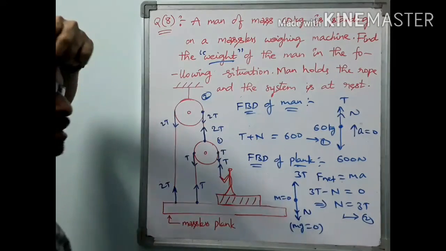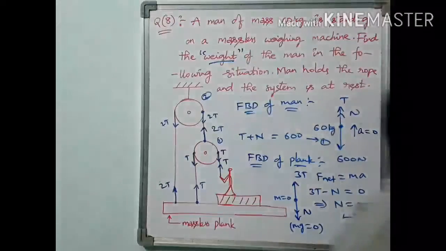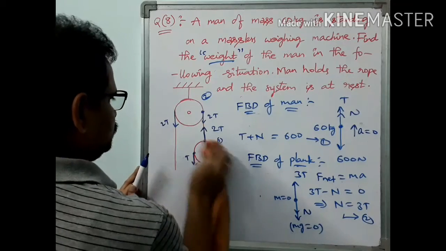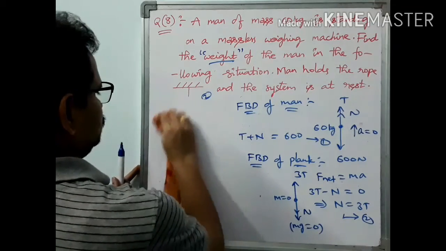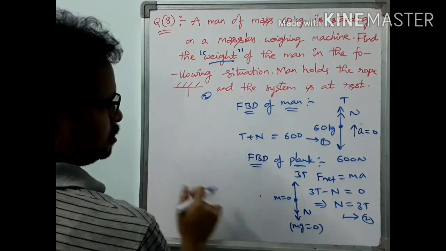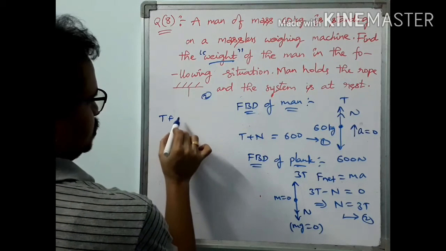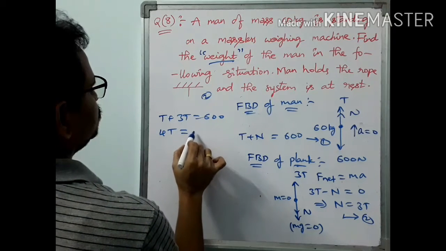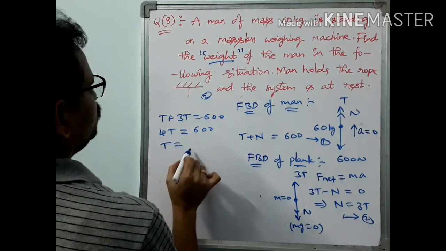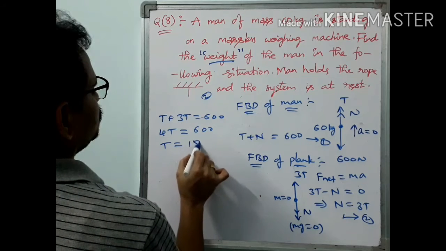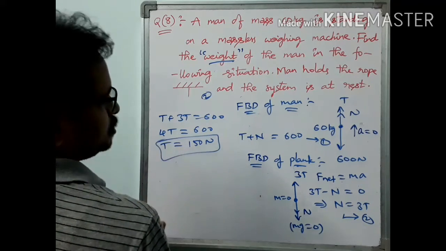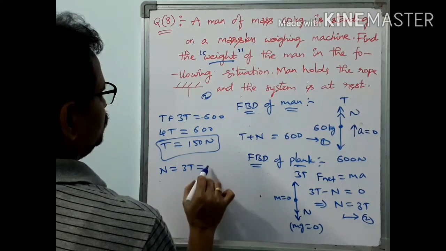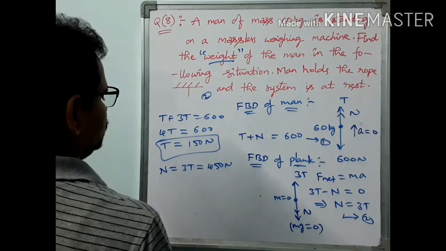Let us substitute this in equation 1. T plus 3T equals 600, 4T equals 600, T equals 150 newtons. So normal reaction N equals 3T, that equals 450 newtons.